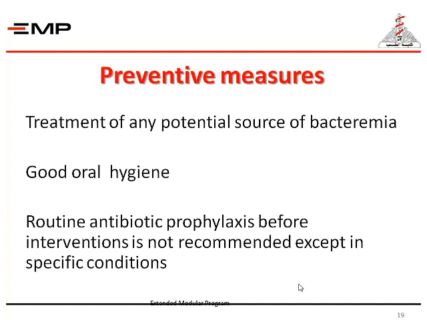The preventive measures: we have to prevent infective endocarditis through good oral hygiene and treatment of any potential source of bacteremia, while routine antibiotic prophylaxis before interventions is not recommended except in specific conditions, like patients with prosthetic valves or previous infective endocarditis undergoing dental procedures.